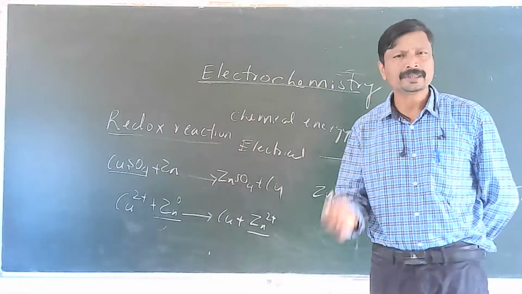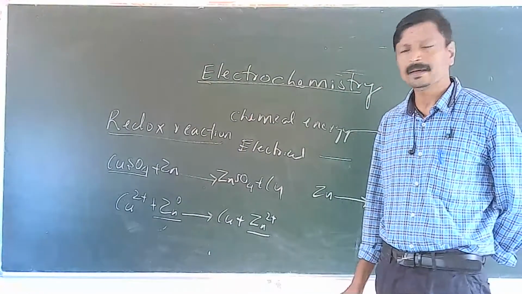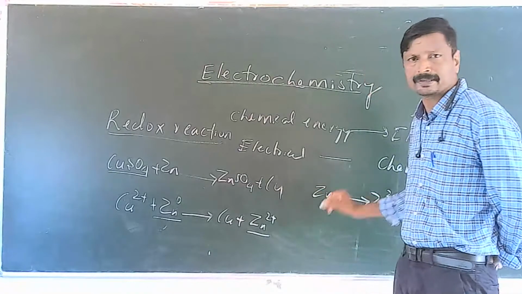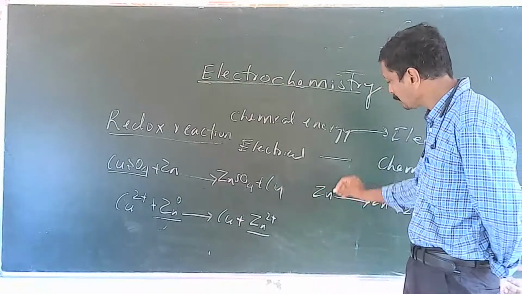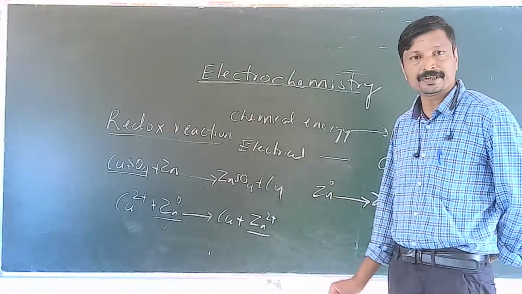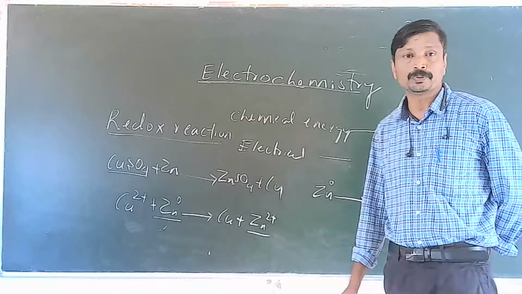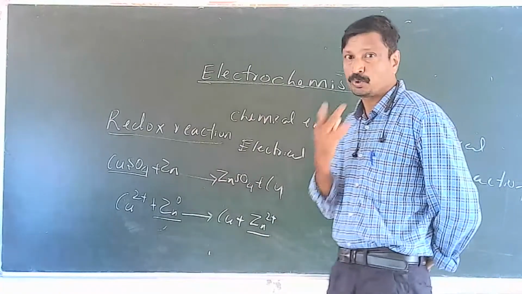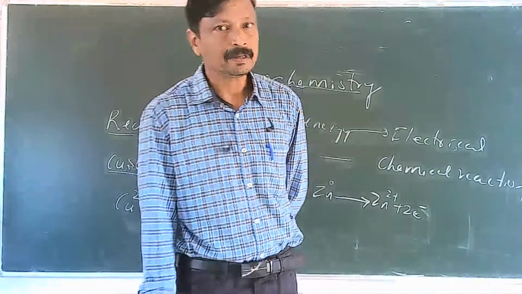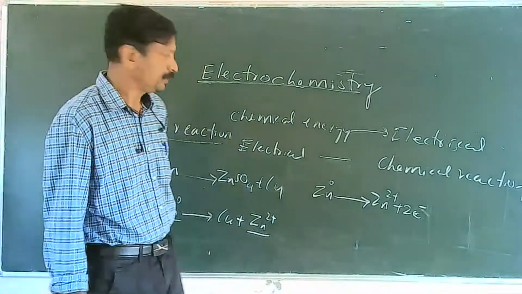Or you can define it another way: an increase in oxidation number is also called oxidation. Here the oxidation number of zinc is 0, now it becomes plus 2, increased by 2 units, therefore it's an oxidation.